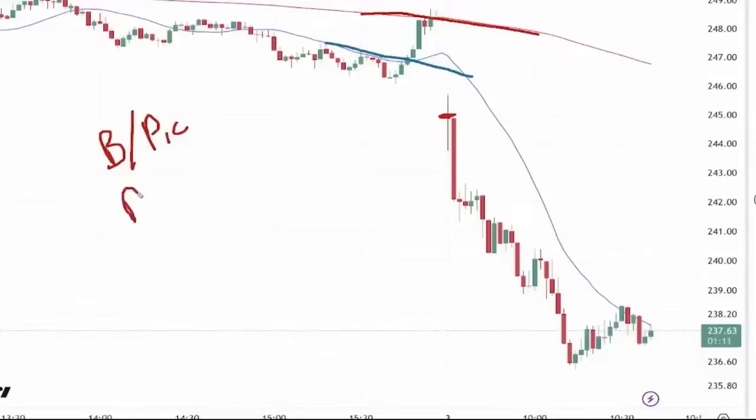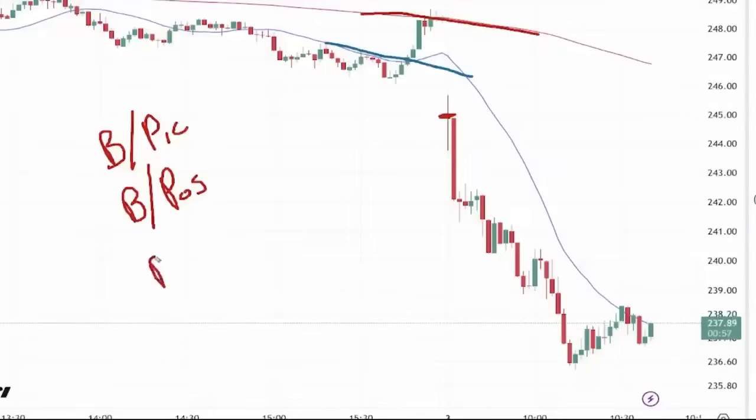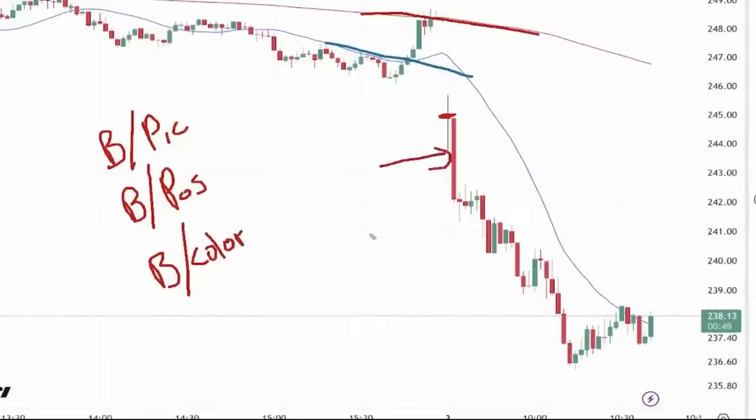We've got the bear position on the open. And what we're waiting for is the bear color, right? And we get the bear color, boom, right there.